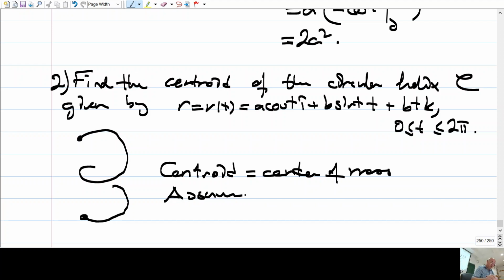Assume that it is homogeneous, meaning that the density is uniform.